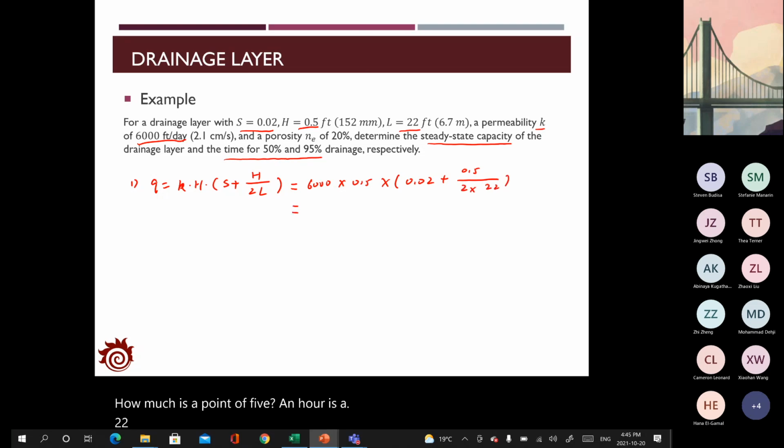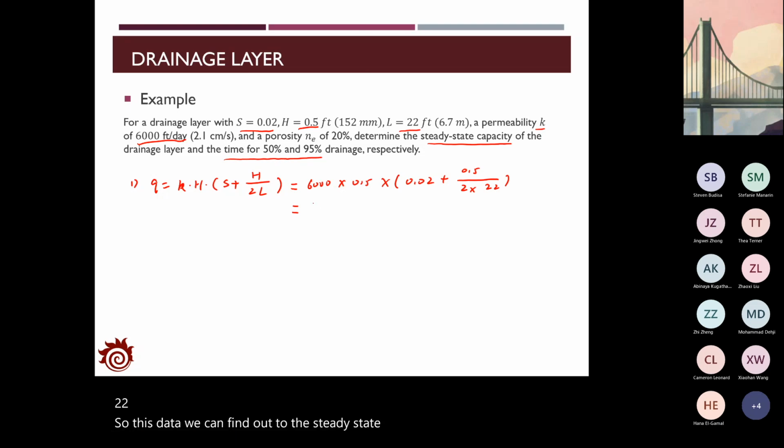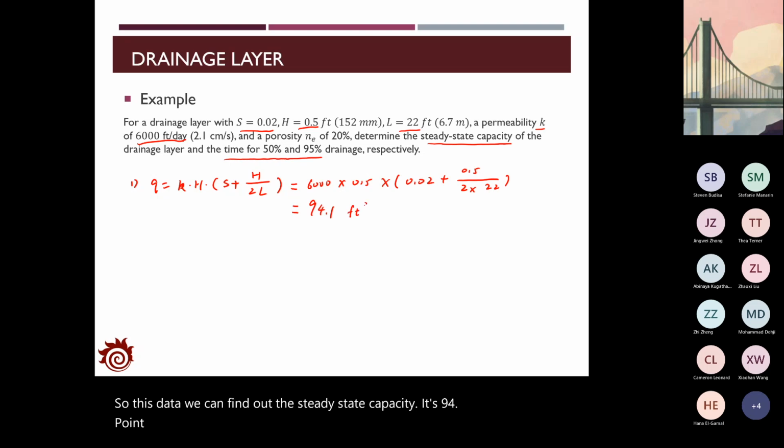So with that, we can find the steady state capacity. It's 94.1 cubic feet per day per foot. And so that's the steady state capacity.